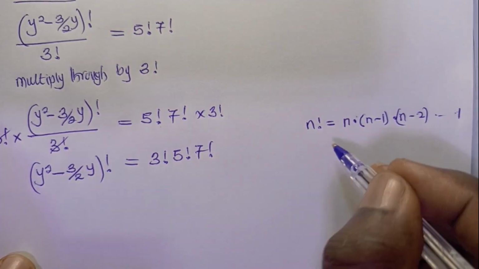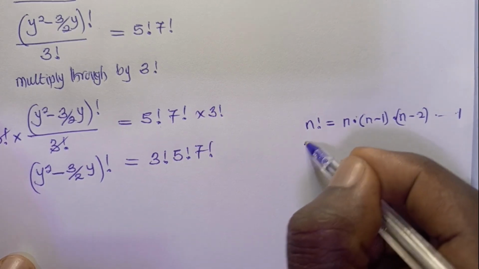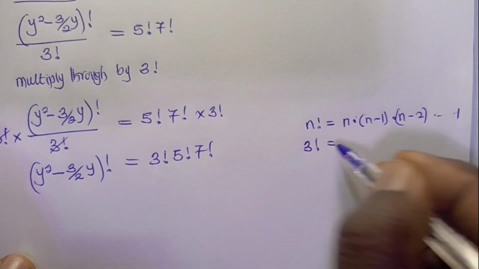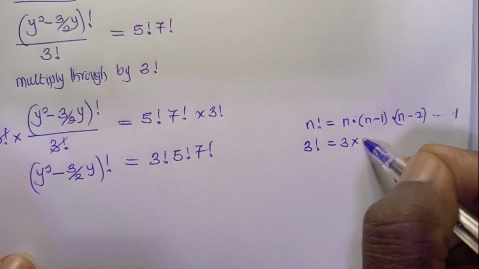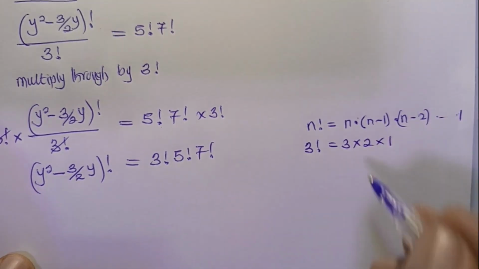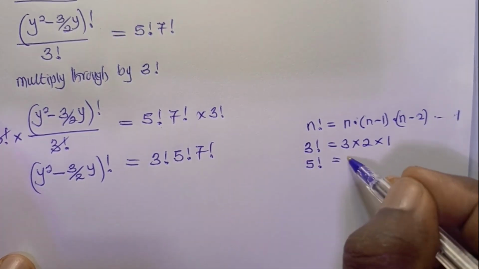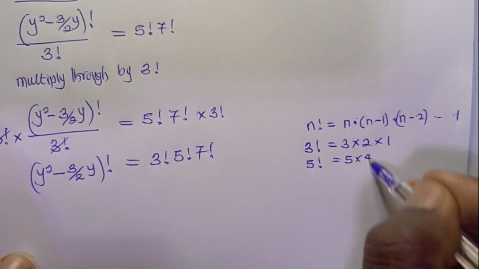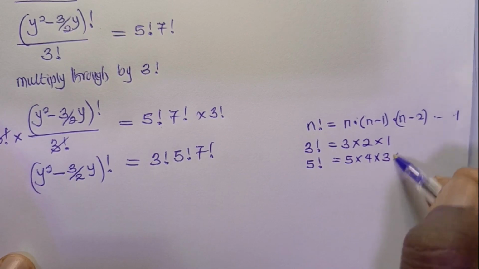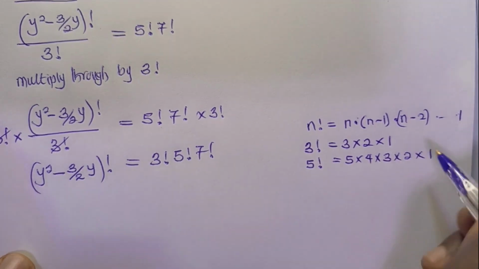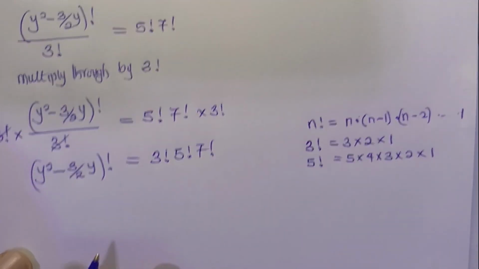So 3! simply means 3 times 2 times 1. 5! means 5 times 4 times 3 times 2 times 1. The same thing applies to 7!.